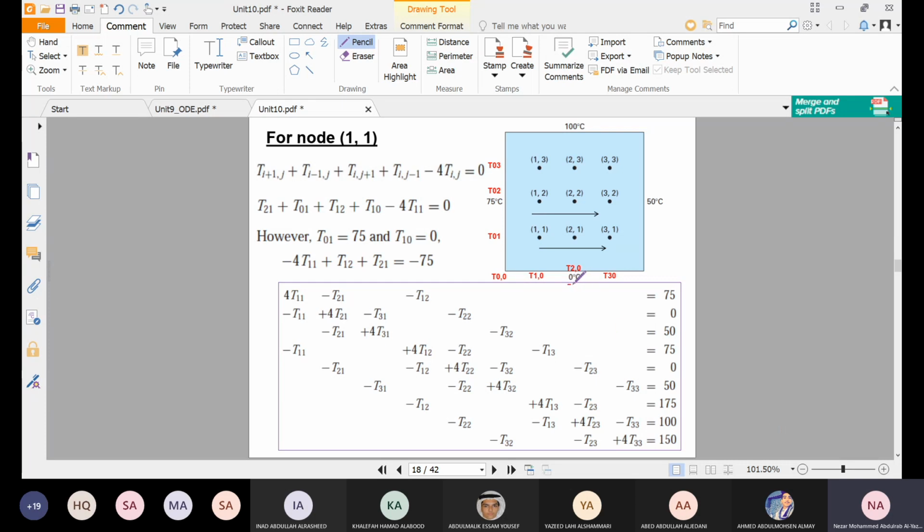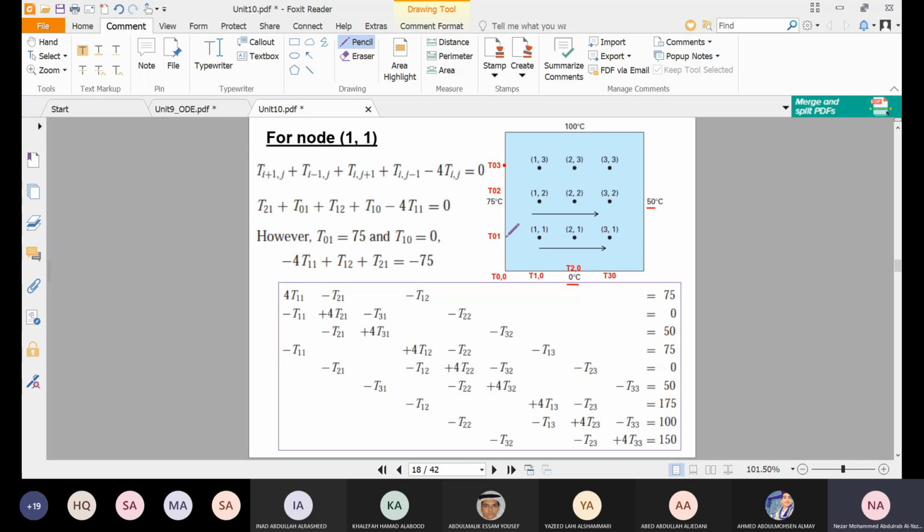So at these boundaries we have 0, and here we have 50, here we have 100, and here we have 75. Now if you look at the nodes, this is column 0, so we have T00, that means the first column 0, and J represents the rows, so row 0.